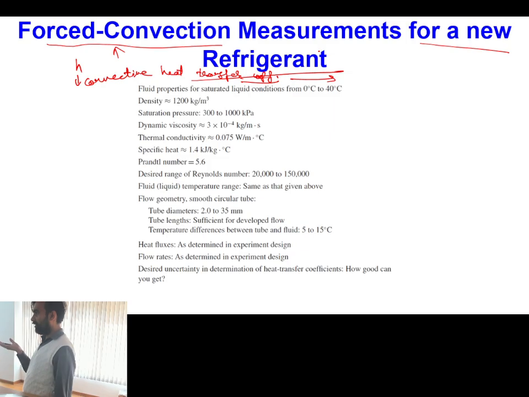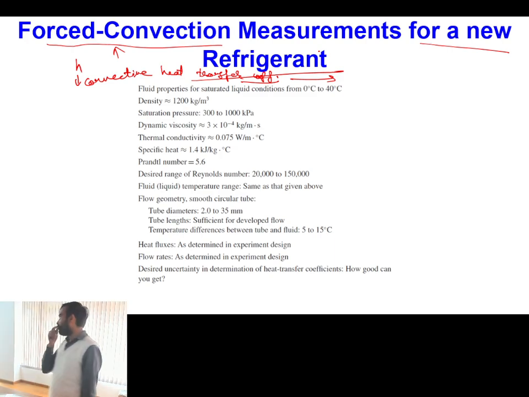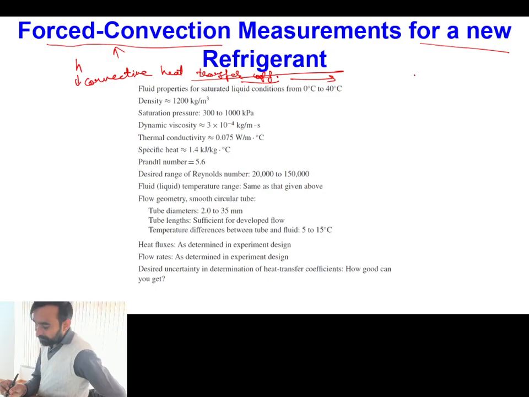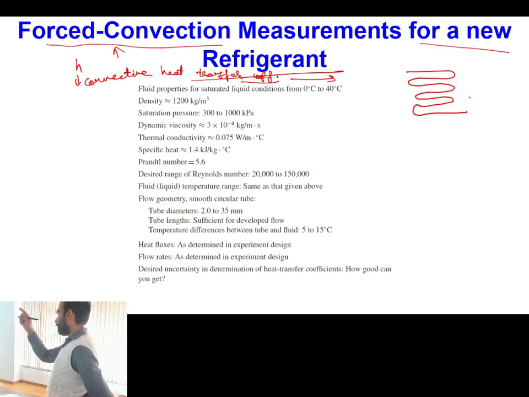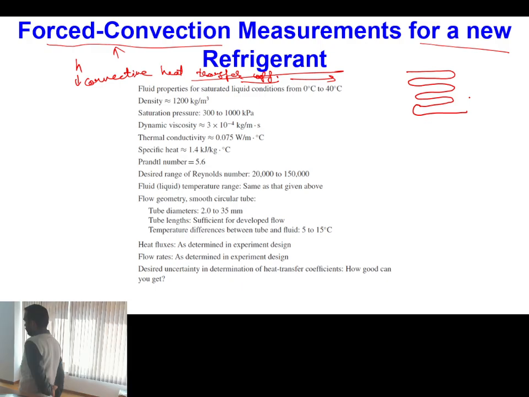Now, if we are specifically talking about the refrigerant, typically we will be using it either inside a home refrigerator or in an air conditioning unit. These units involve copper or aluminium tubes, and inside these tubes our refrigerant moves.